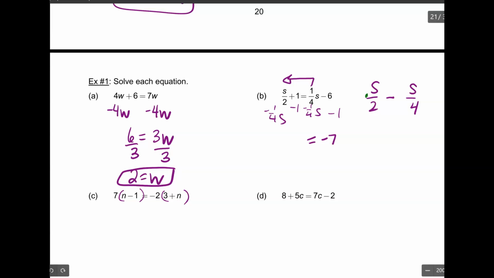And to convert this top one into a bottom of 4, you can multiply the top and bottom by 2. So this is like a clever form of 1. I'm using the multiplicative identity. Multiplying by 1, because 2 over 2 is the same thing as multiplying by 1. And when you multiply anything by 1, it's itself. So I have 2s over 4 minus s over 4, what?